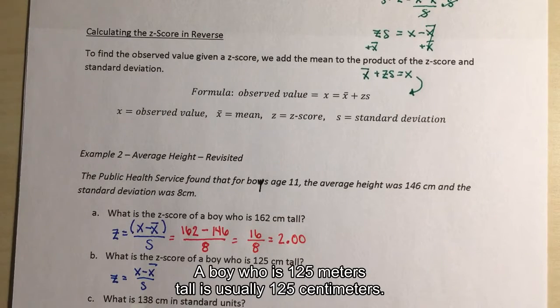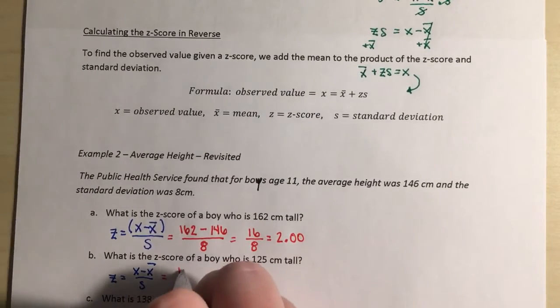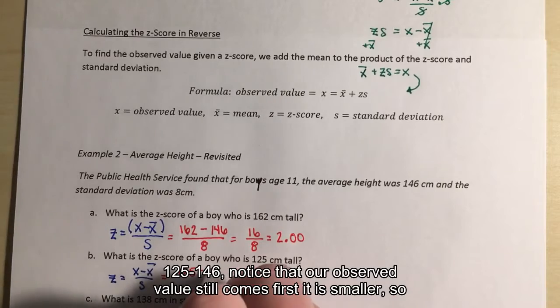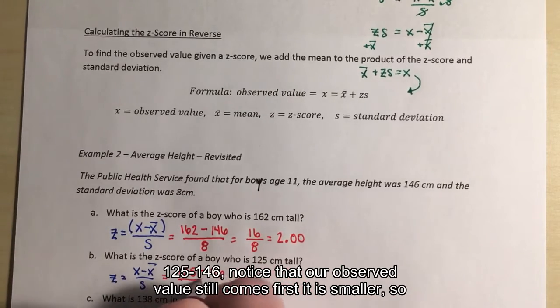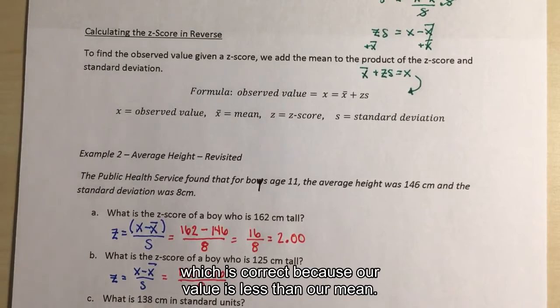A boy who is 125 centimeters tall: 125 minus 146. Notice that our observed value still comes first. It is smaller, so we are going to end up with a negative number here, which is correct because our value is less than our mean.